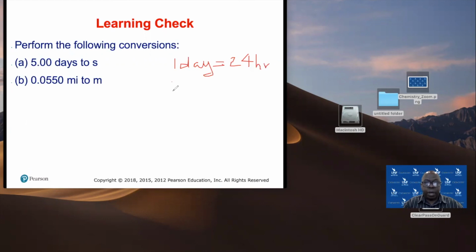And then 1 hour equals to 3600 seconds. So that you now write what you are given, so that you cancel out 5.00 days.